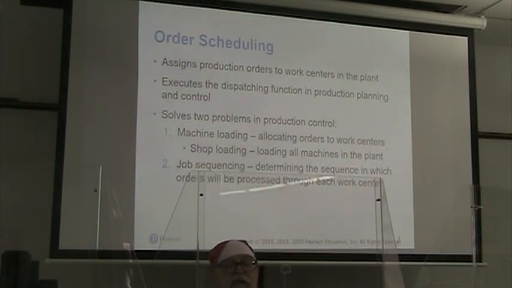First, the machine loading. We're going to allocate the orders to the work centers. That feeds into our shop loading, which is loading all the machines in the plants. Ideally, all of our machines and work centers are working at almost 100% capacity.